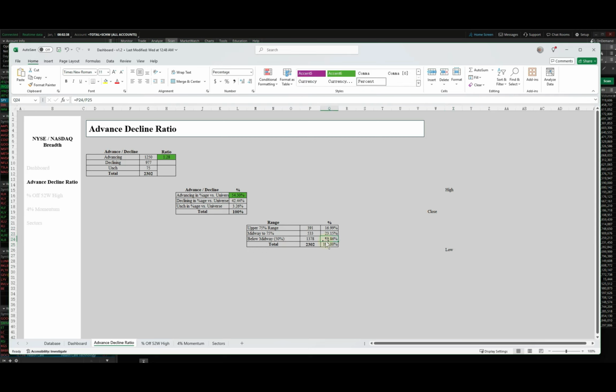So you see that today's breadth is not very good. Most of the stocks closed below 50%. So if this is 50%, they closed maybe here, or maybe even at the bottom. You see 60% of stocks closed below 50%. So we can check the range, and this is also just a different representation.